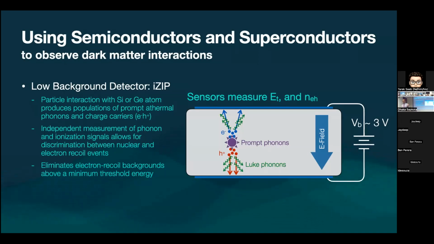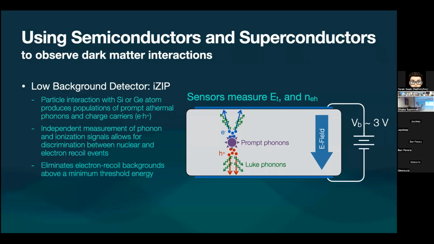Why do we care about that? Earlier, I was showing you that theories now suggest dark matter might be lower mass, which means the energy that it would deposit would be even lower in your detector. By using this approach, you can amplify the signal into something that's measurable.